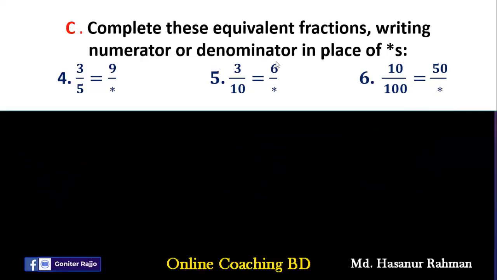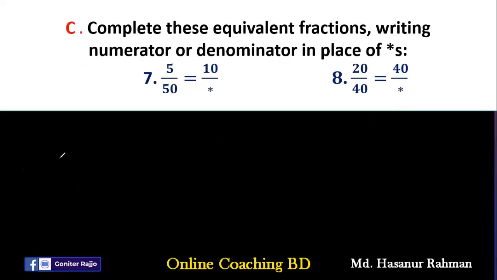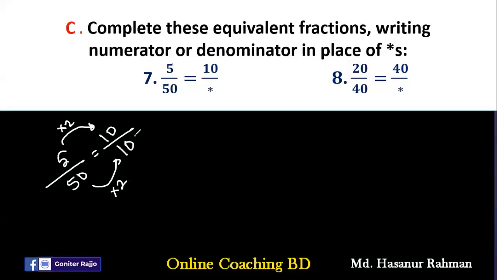Number 7 says 5 by 50 equals 10 divided by star. So how can you solve this problem? If we find the relation between 5 and 10, we can see that if we multiply this 5 by 2, it will be 10. So if we multiply the numerator by 2, you have to multiply the denominator by 2 also. 50 multiplied by 2 will be 100.